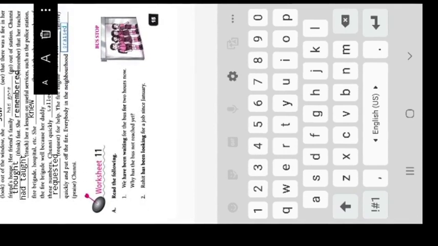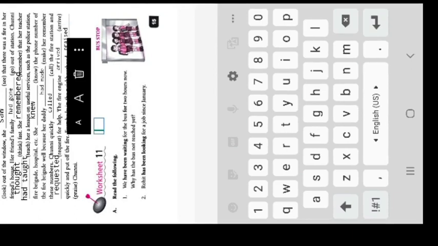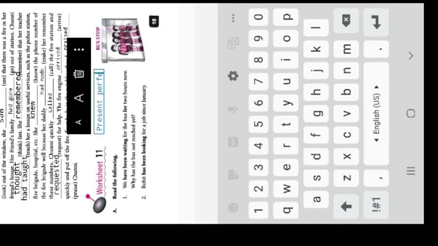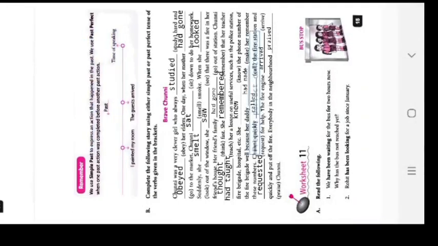Okay, so now there is another worksheet, and this is a different one. What we have to do? So we have to write down the present perfect continuous.